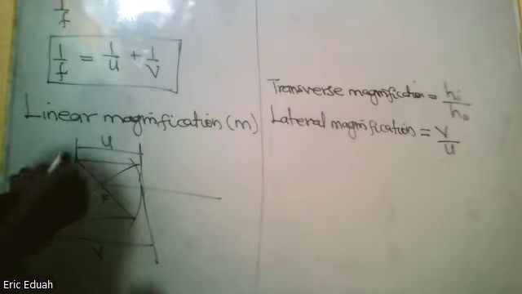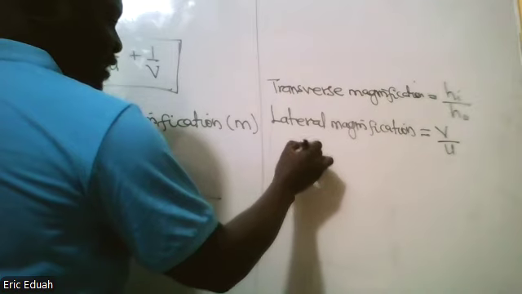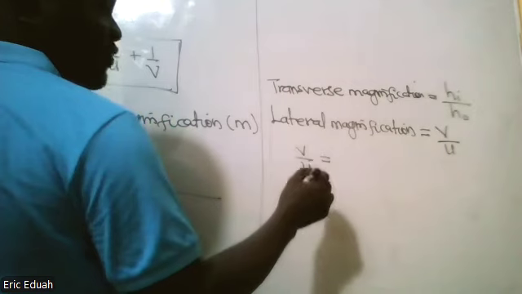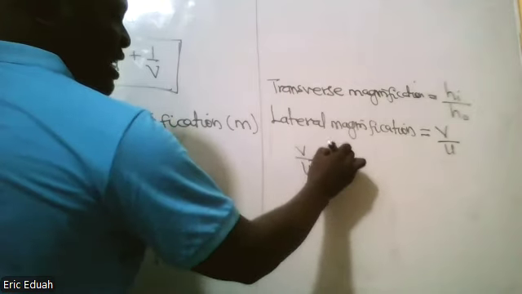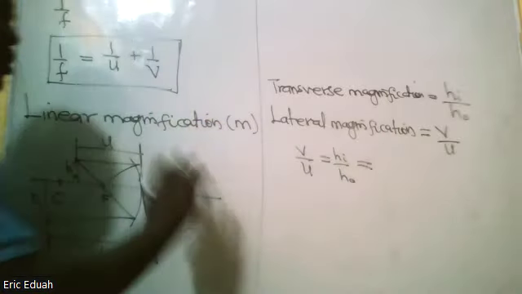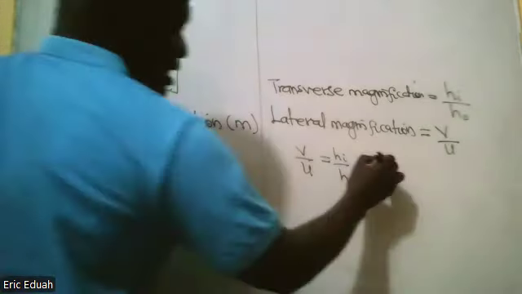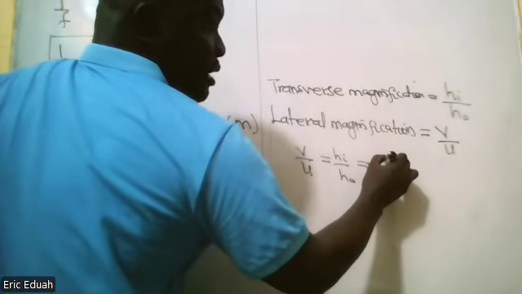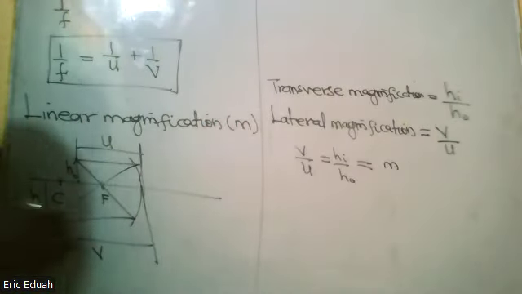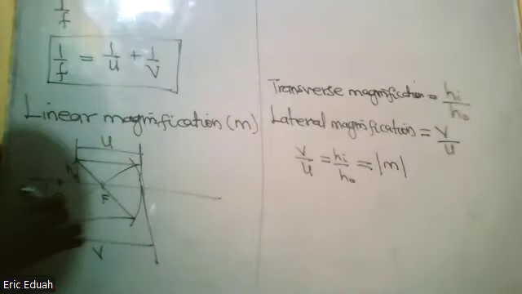And so when you equate lateral magnification, which is V over U, to transverse magnification, which is HI over HO, this ratio of the two gives us what we call linear magnification M. And here we are interested in the magnitude of linear magnification.